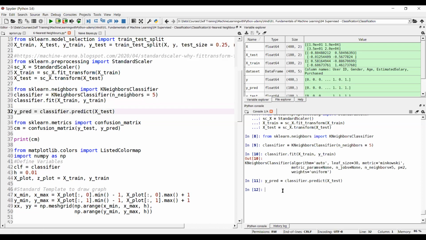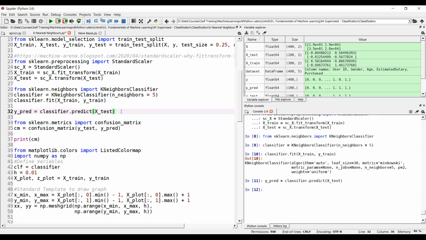Now tell me, what are those two kinds of data which you need for a confusion matrix? Anyone? Predicted value and actual value. Correct.